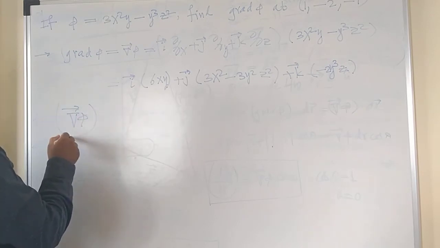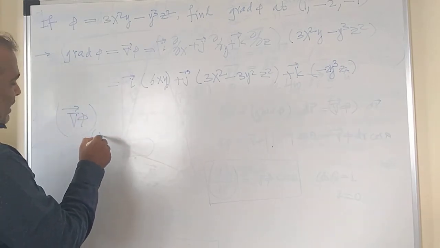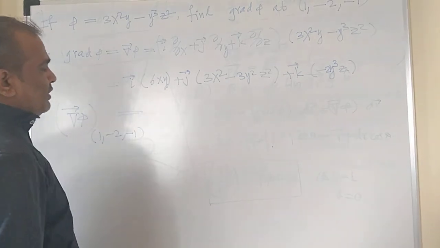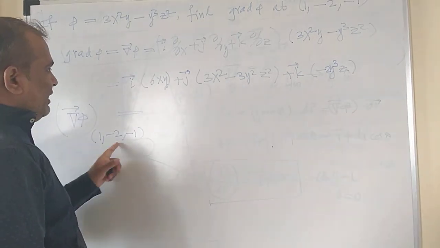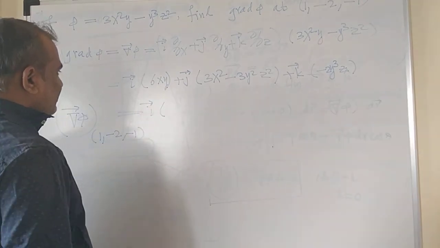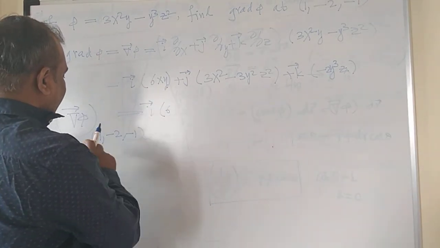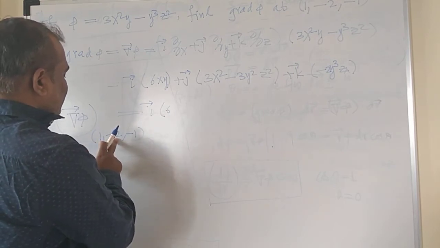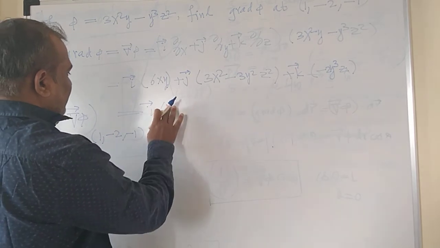Now put the values of the particular point. You are asked to calculate its value at the point 1, minus 2, minus 1. So just put the values. These are the values of x, y and z. So you will get i bar into 6xy. So x is equal to 1, y is equal to minus 2. So this will be minus 2 into 6, that means minus 12.